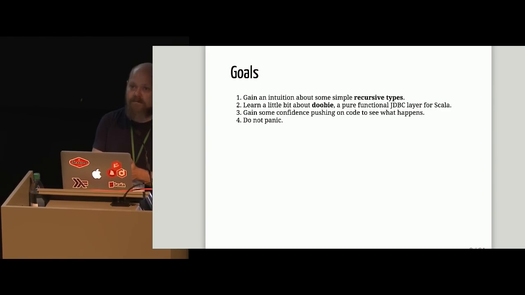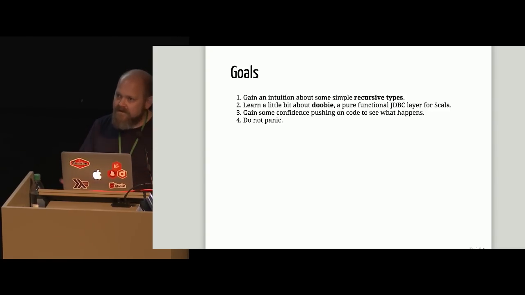And don't panic, okay? Recursion is always hard, right? If you're just learning functional programming, you're probably struggling with recursion. Everyone who has learned how to do functional programming can remember struggling with recursion and inductive data types. And what we're going to do today is talk about recursion and co-recursion at the type level.